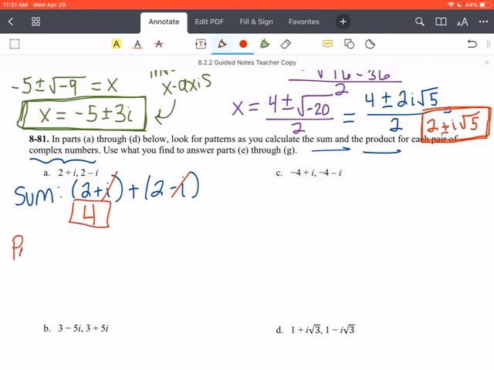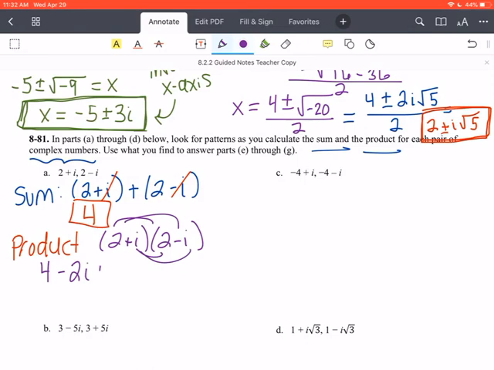And now for the product, we are going to have to use our knowledge of double distributing, because we are taking 2 plus i times 2 minus i, and now we have to distribute that first 2. So 2 times 2 is 4, 2 times negative i is negative 2i, and then i times 2 is positive 2i, and then i times negative i is negative i squared.